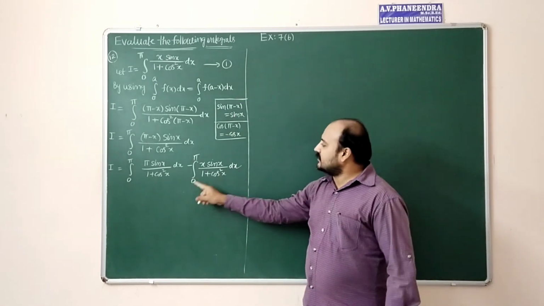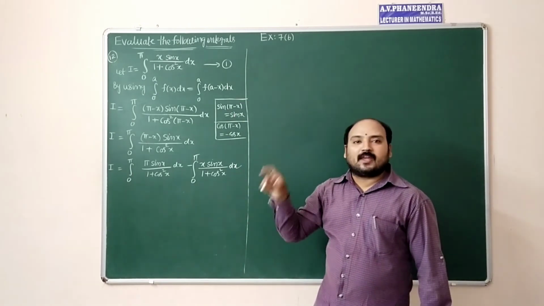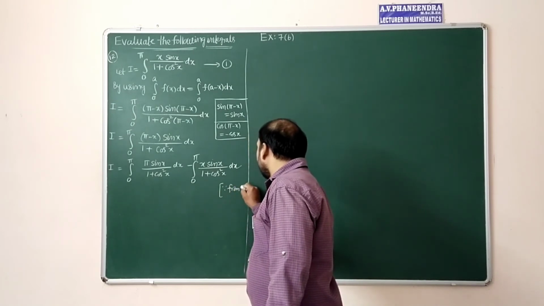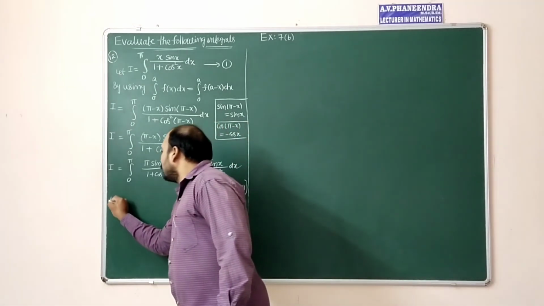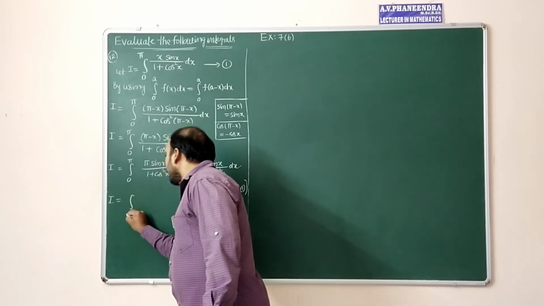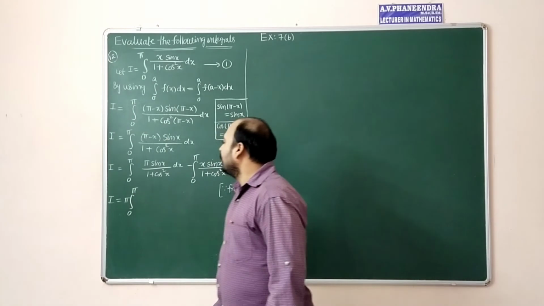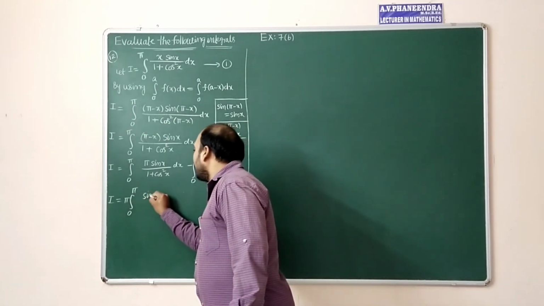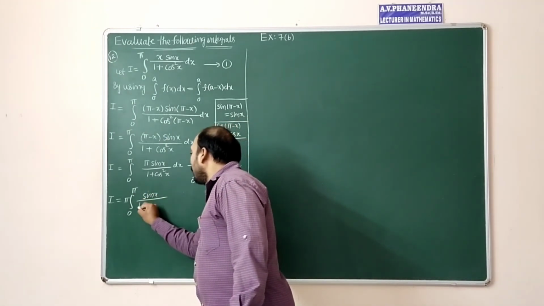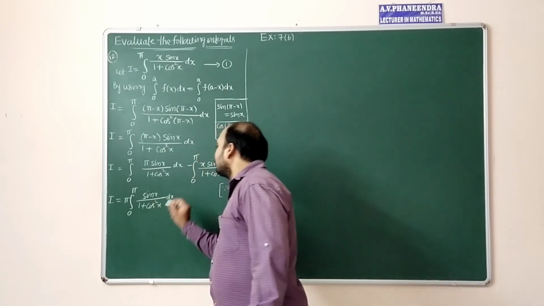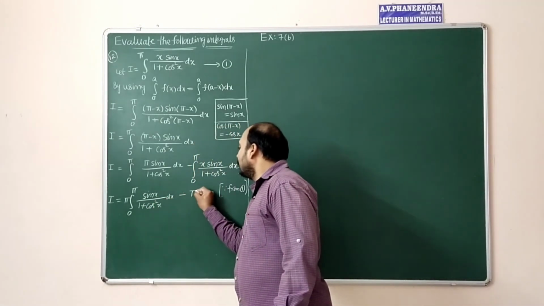From equation 1, the second integral value is I. So I equal to pi, since pi is constant we take it outside, into integral 0 to pi sin x divided by 1 plus cos square x dx, minus I. Why?